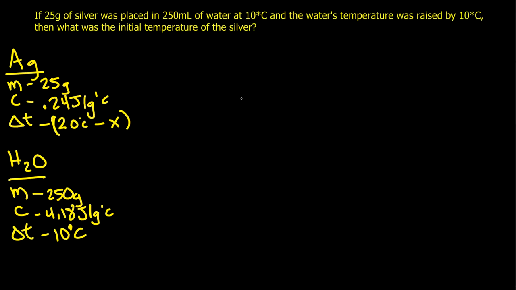Alright, now we can set up our work. So negative Q equals Q, which is negative MC delta T equals MC delta T. So I got to figure out which one's negative, which one started the hottest, which one is gaining temperature. Well, water gained heat. Its temperature went up, so that means it's going to be positive.